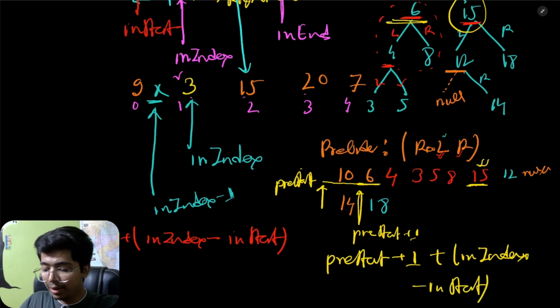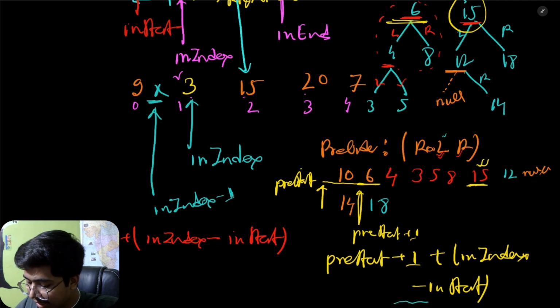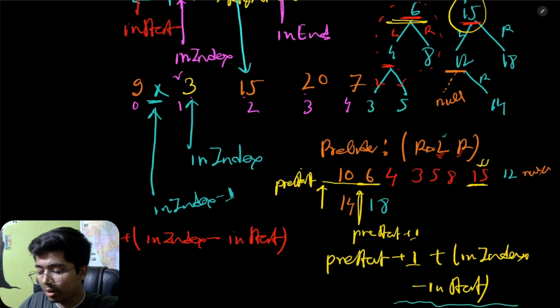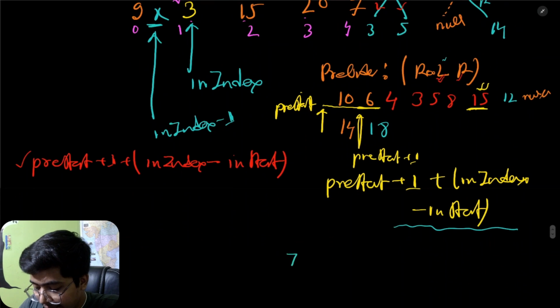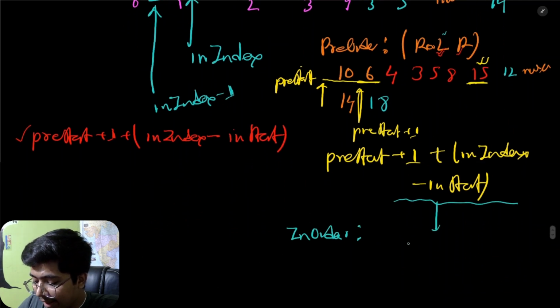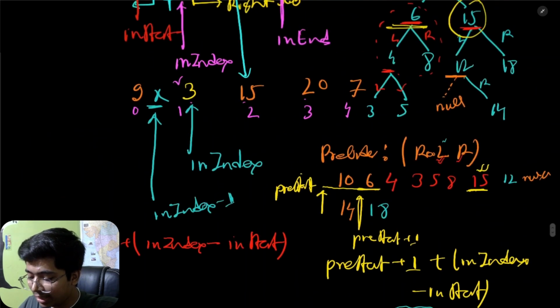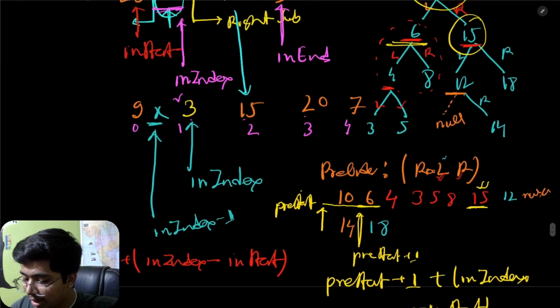To understand this section we have to make the in-order of the tree. What in index minus in start actually denotes is the length of the left tree.